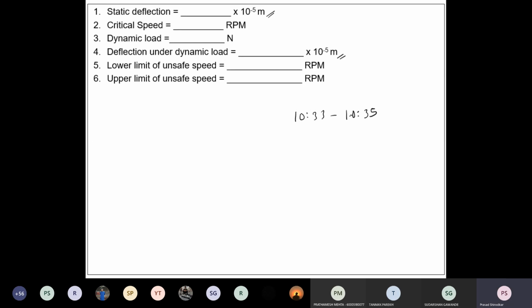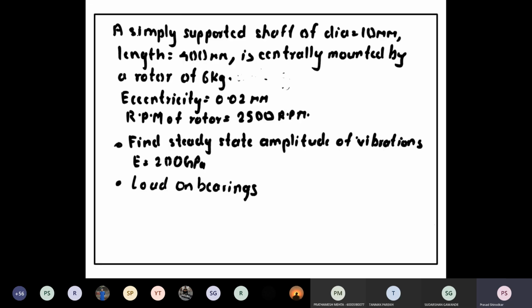Units have to be carefully entered as per the ones which are given in the quiz slide. Wrong units will not be given marks. I guess we will continue. I think more than enough time has been given. All right, so next question.